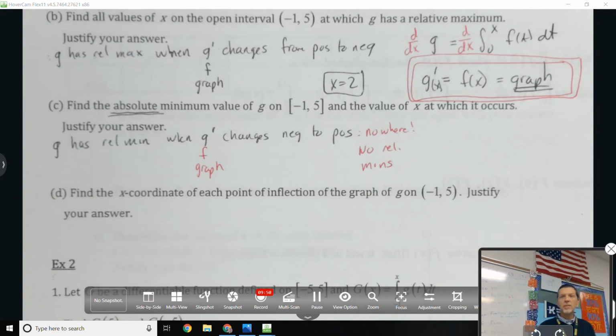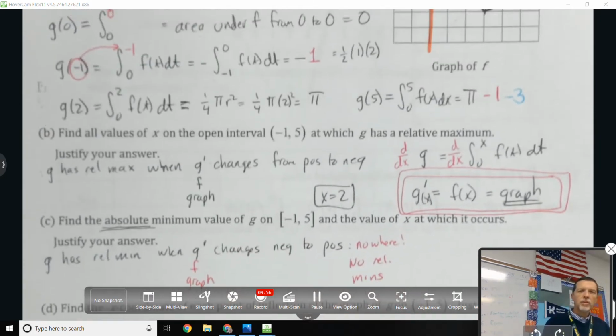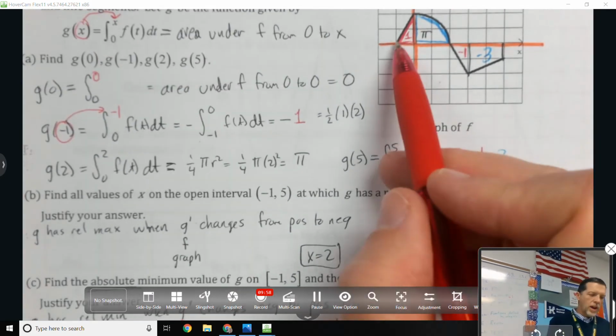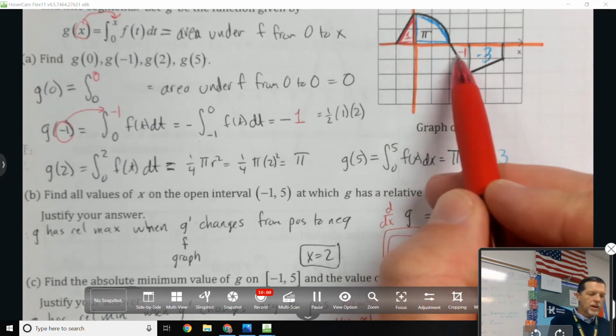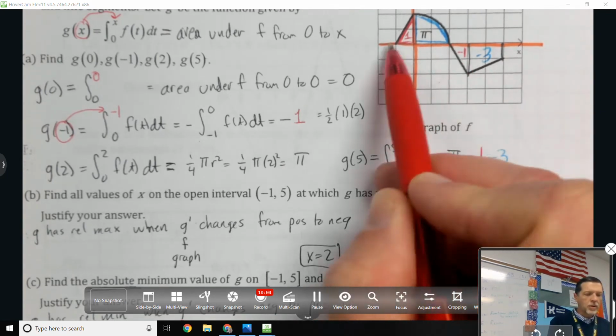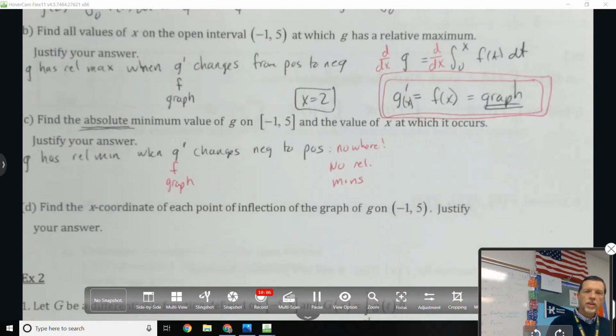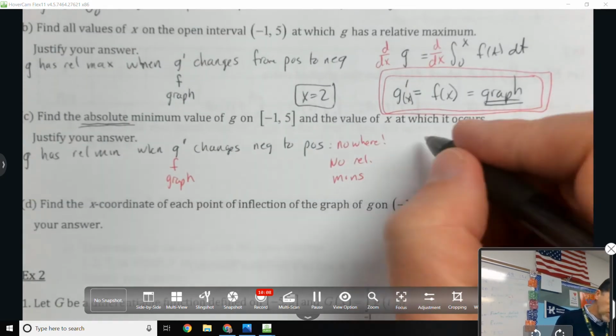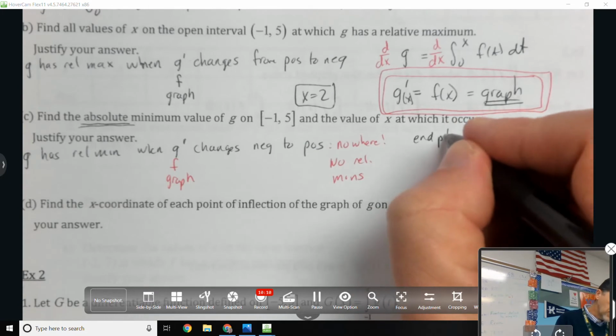That's good. That means all we have to do is check the endpoints. Again, from the graphing perspective, we add area, we add area, we add area, and then we subtract area. So yeah, there's a max there, but there weren't any mins. So endpoints, because of absolute.